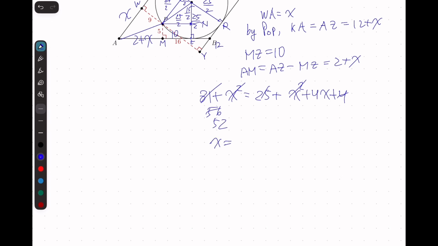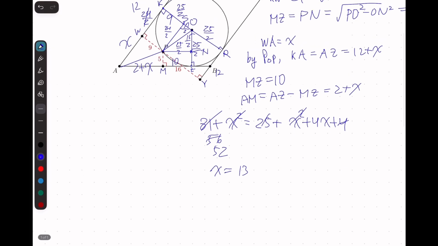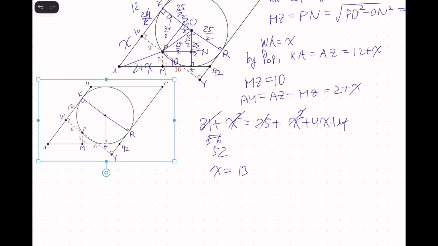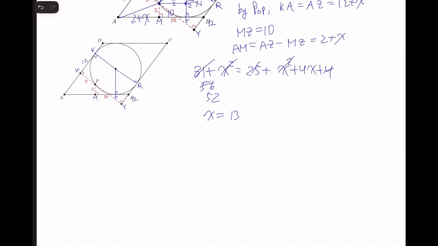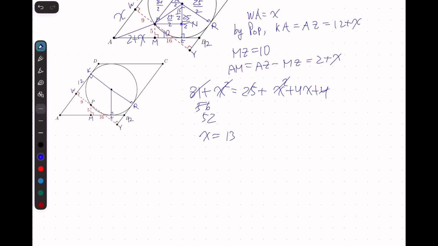So X is 13. Now let's change all X into 13. So I'll bring another drawing because it's getting too messy. So here, X equals 13. So WA equals 13. AM equals 15.